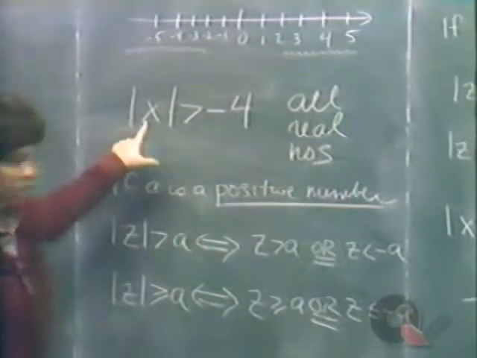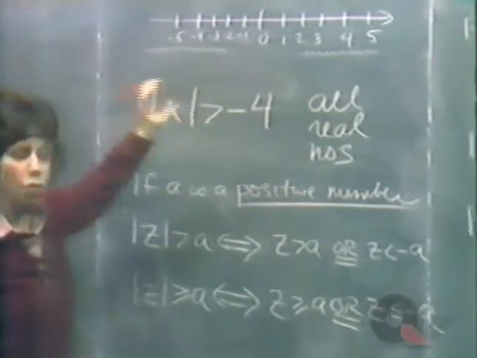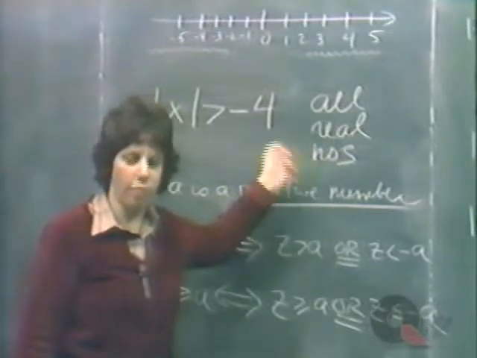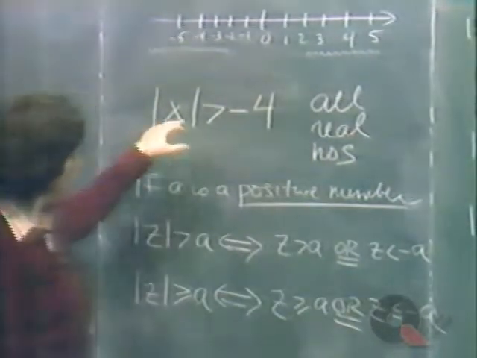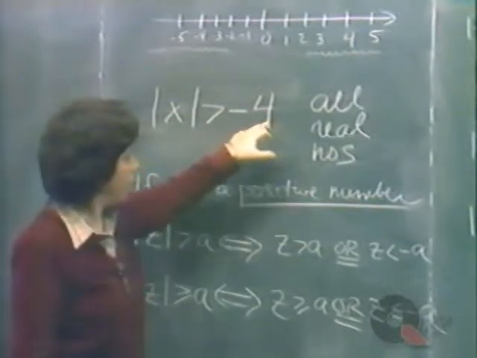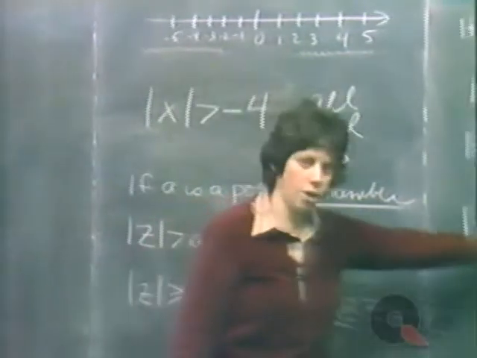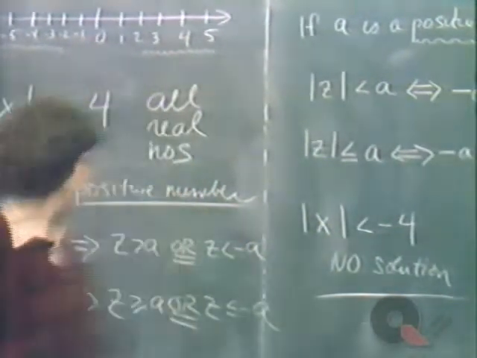The absolute value is a distance, which at its smallest is 0, otherwise positive. It must, of necessity, be greater than a negative number, any negative number. So the answer to an absolute value inequality, a greater than with a negative right-hand side, is all real numbers, while the answer to an absolute value less than inequality with a negative right-hand side is no solution.